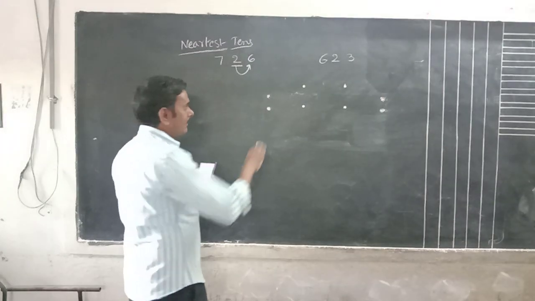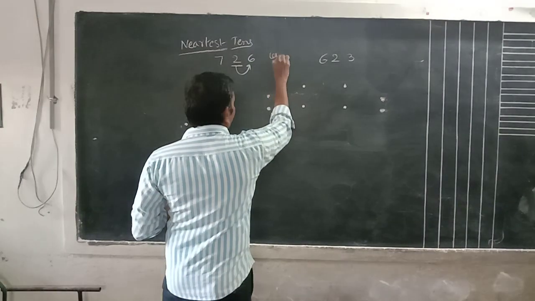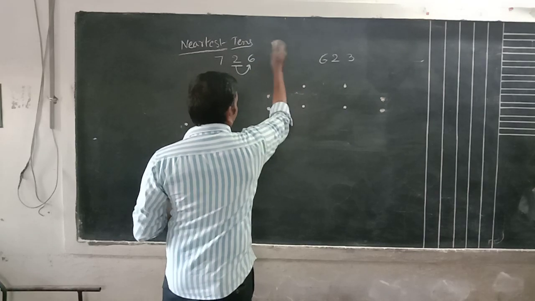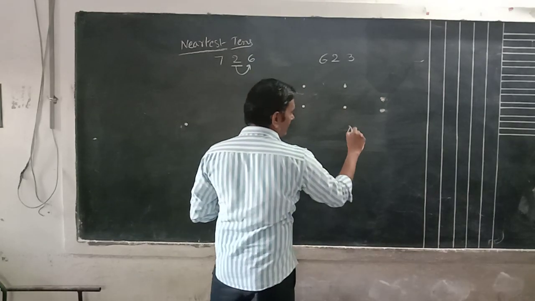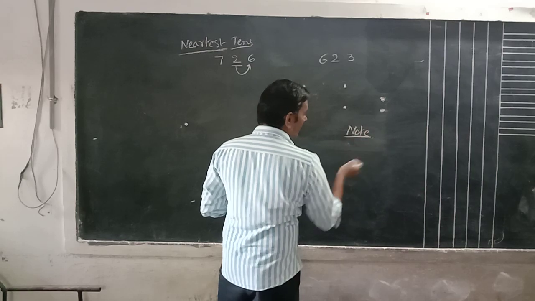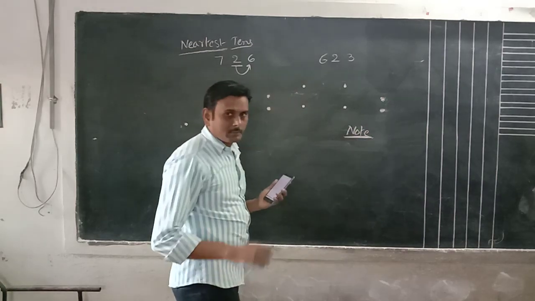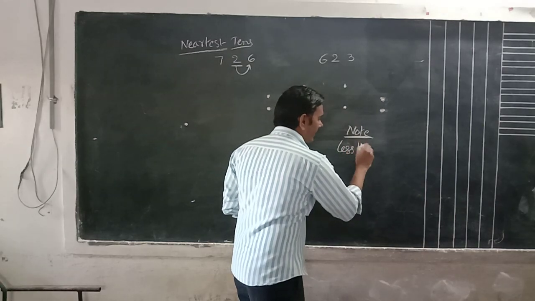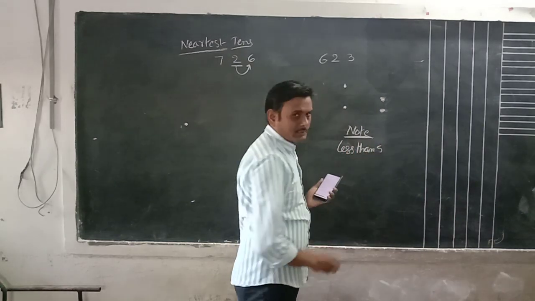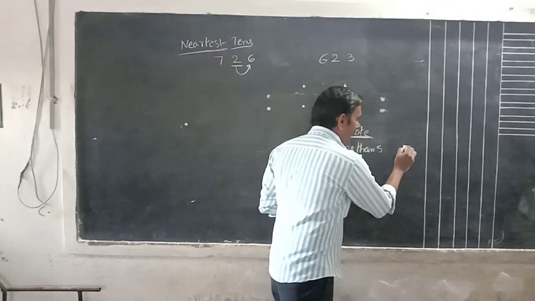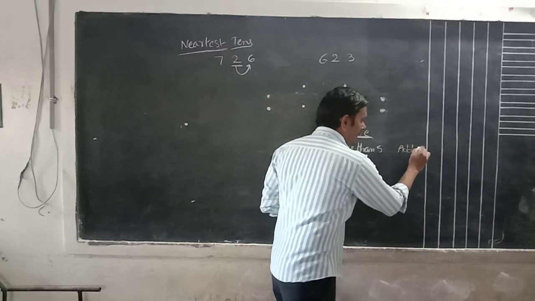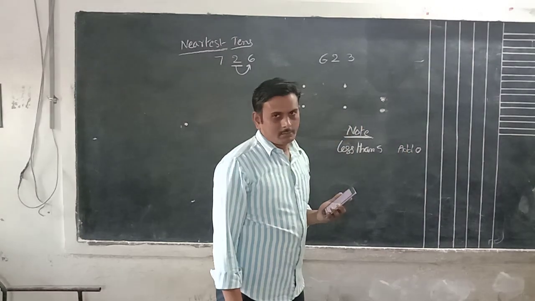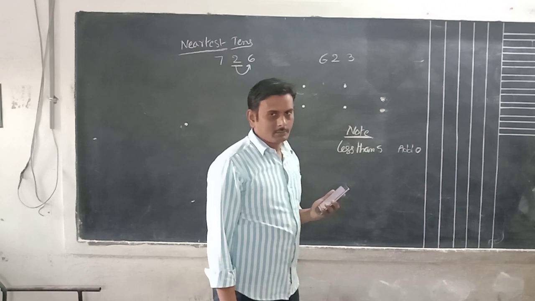Note this point: if the number beside the underlined number is less than 5, then add 0 for the underlined number.